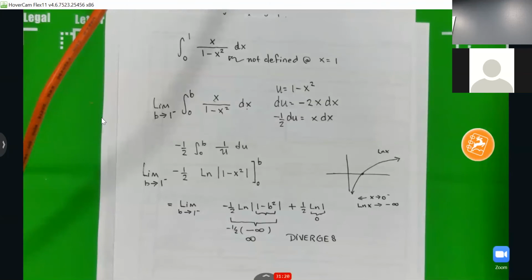So what if we did that same integral? Save us a few steps. What if we did the integral, say, from 2 to infinity of x over 1 minus x squared, since we already know how to do that integral?